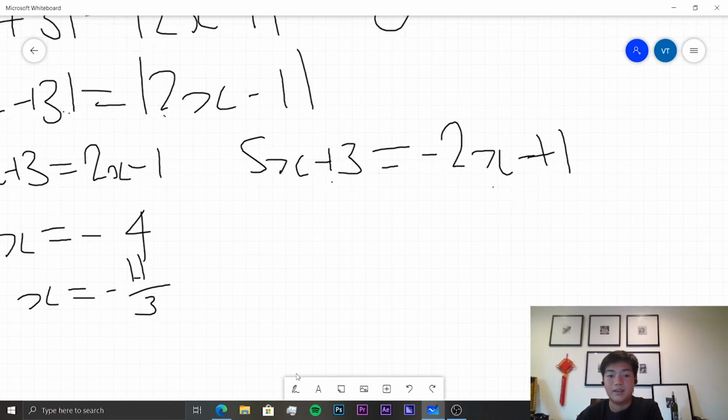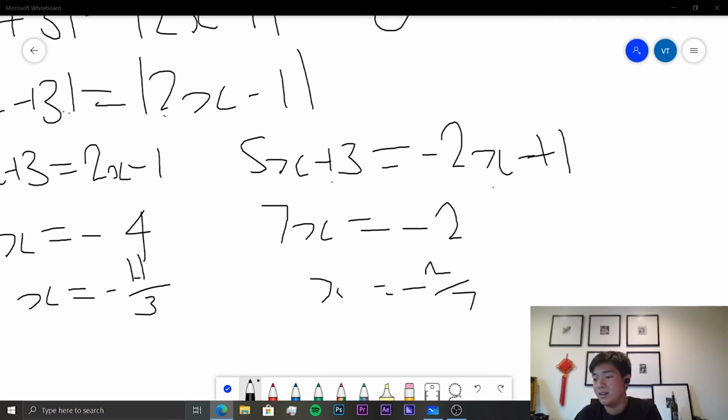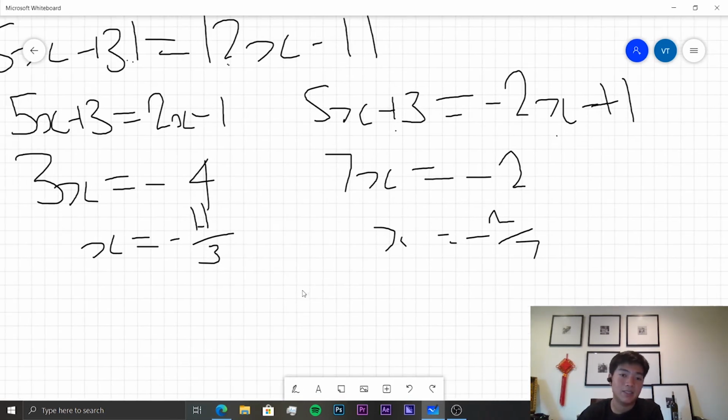On the other hand, we have 7x is equal to negative 2, so x is equal to negative 2/7. And I think both of those are completely valid solutions, and yeah, the mark scheme agrees.